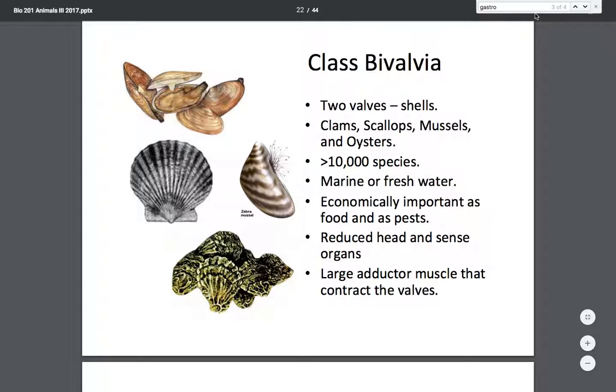Each individual one of those can filter about a half a liter of volume through their bodies in a day. So if you have 10,000 of them per square meter, a single square meter can filter 5,000 liters, or about 1,200 gallons.